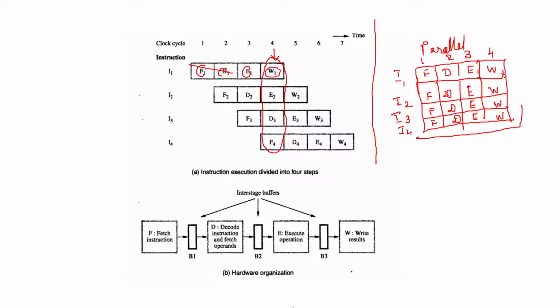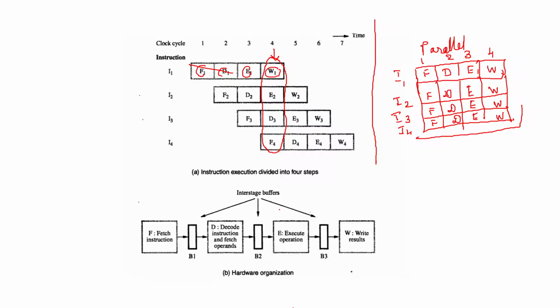Then in the third clock cycle, the execution operation will happen; the hardware used for execution will be used here. After the end of the third clock cycle, the executed result is stored in the intermediate buffer B3. Then the results are written back to the register or a memory location, whichever is the destination location for that particular instruction. So these buffers are called interstage buffers.